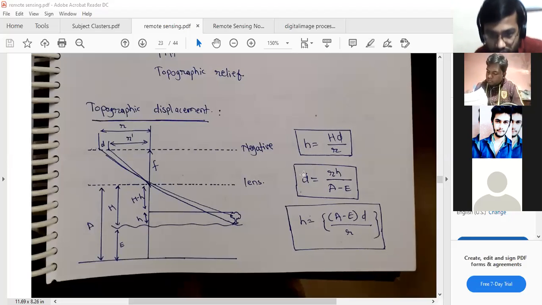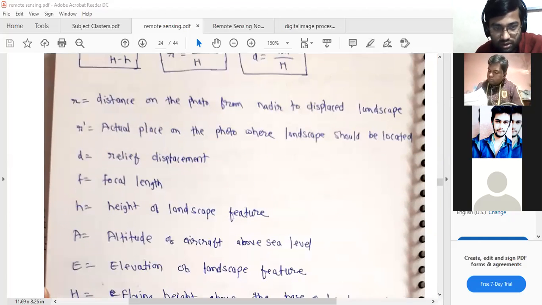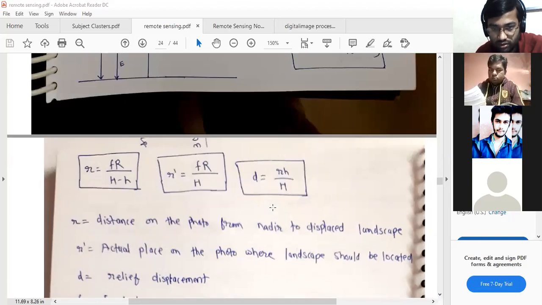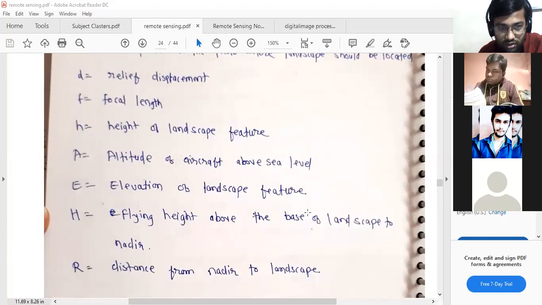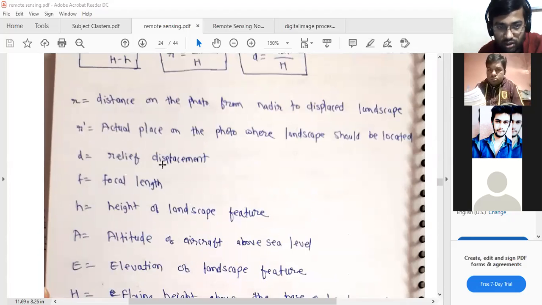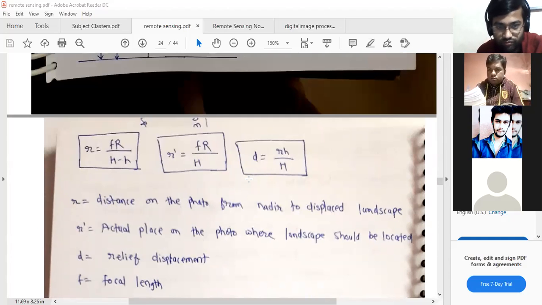So hd. Okay, small h and d. Okay, so what is small h here? First, height of the landscape feature. Okay, and d. What is d here? Okay, relief displacement. Okay, relief means boundary displacement, distance between two different boundaries. Okay, relief displacement. Clear?